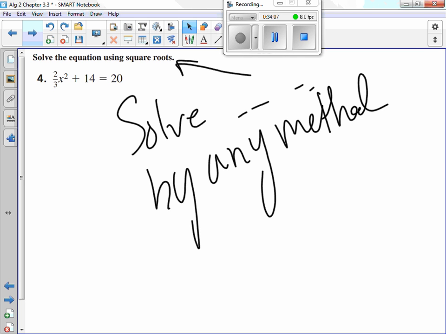The other 2 are 2 more ways to solve it, which will work every single time, no matter what the numbers are. You could use any of those methods. You just need to pick one that you want to do, and you solve it. And that's it. So there's going to be some that you can solve by any method. There's going to be some that restrict you on how you solve it. But that's going to be it.